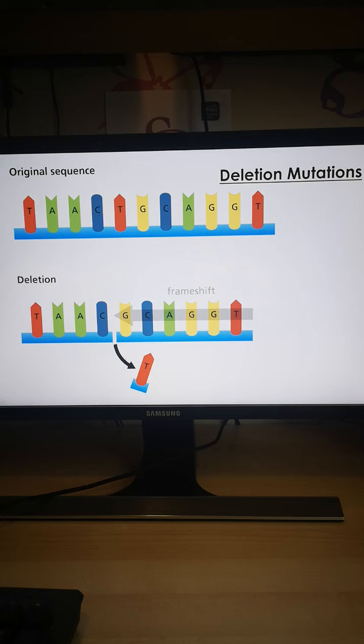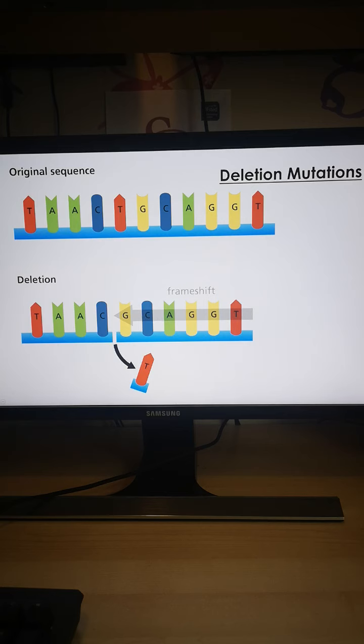This nucleotide here containing thymine just was not included within the newly synthesized strand, and so it's been lost from the base sequence. Now, what's happening when that base is removed is that every single base downstream has to shift one place to the left.